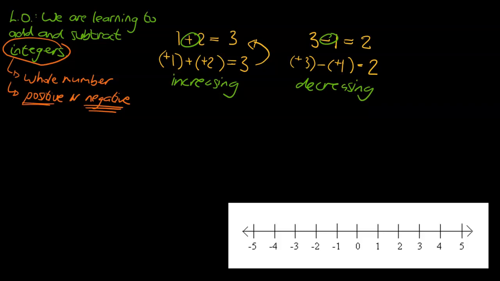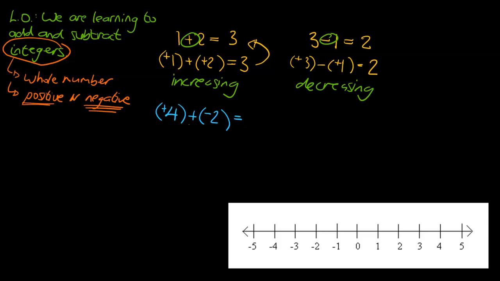We're now going to move on to some slight variations of this. So let's carry on with our adding portion of it. Let's say we've got 4, which is a positive 4, and we're going to add negative 2. The key difference here is we're not plussing negative 2, we're adding negative 2.